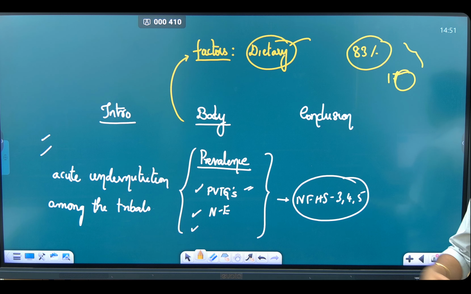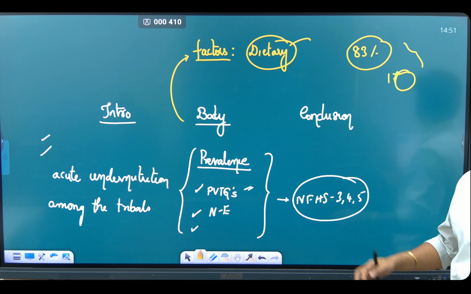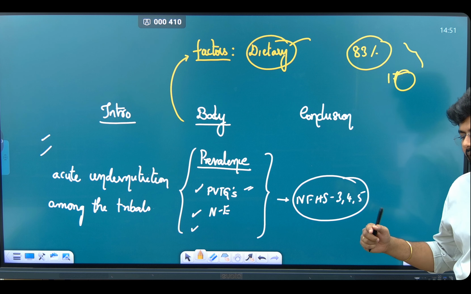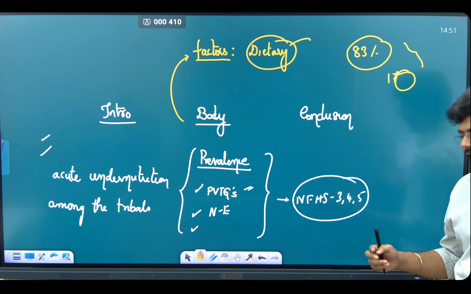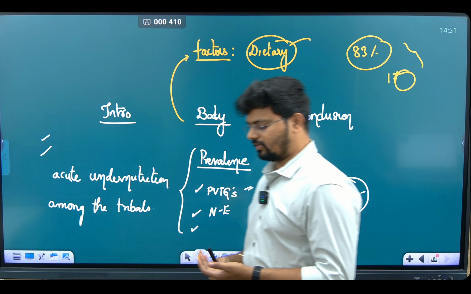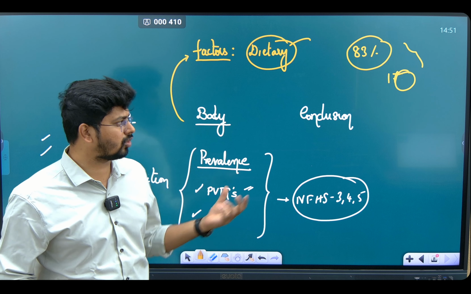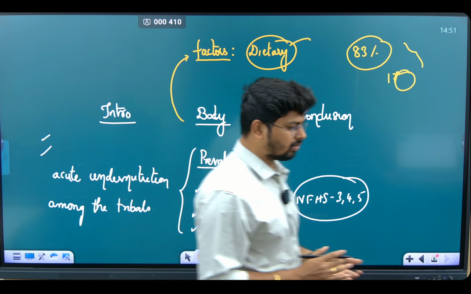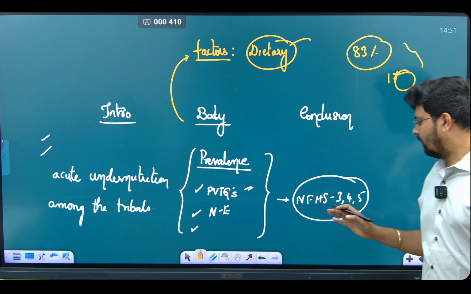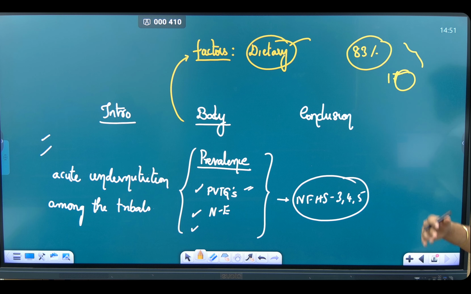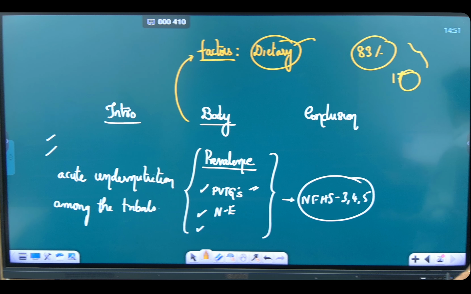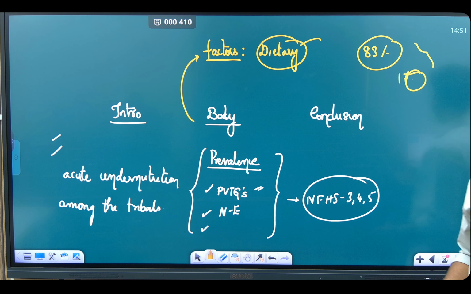They are living in remote areas, and right medical assistance at the right time is not available. Because if you want to prevent nutrition problems at a later point, you should take immediate action when the child is very young. If you don't take action at that point, in some cases it is not reversible.